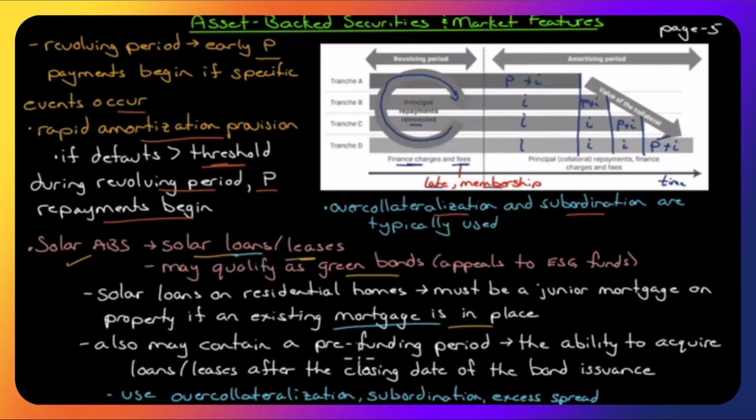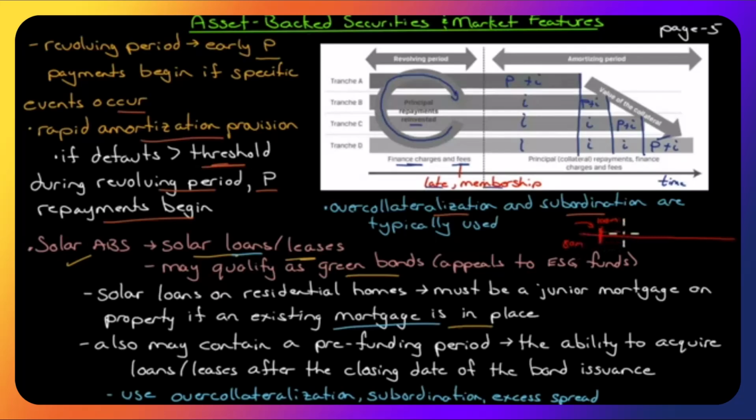Also may contain a pre-funding period, which is the ability to acquire loans or leases after the closing date of the bond issuance. So let's just draw a timeline so you understand this. We'll see it more in the CLO structure. Bonds are sold, and this is the closing date as of this point in time, and you sell $100 million worth of bonds, but there's only $80 million worth of loans available by that time.